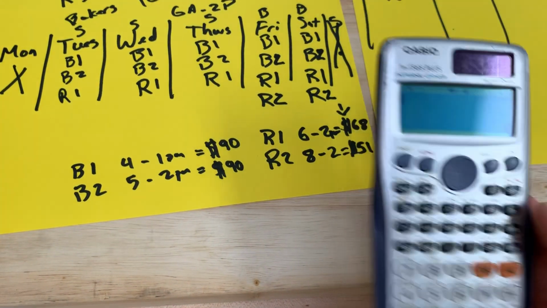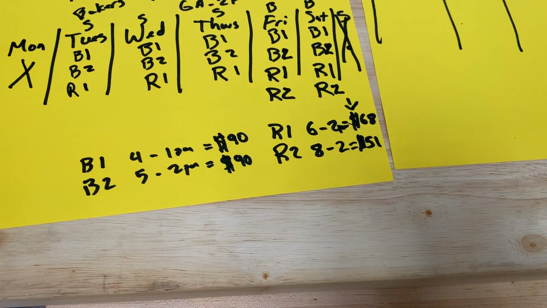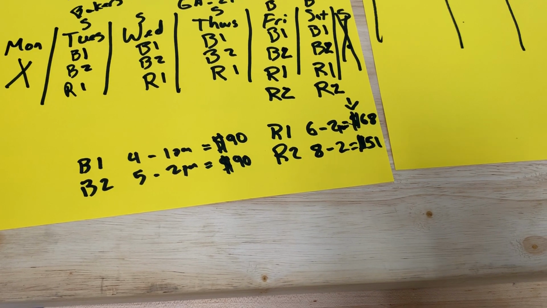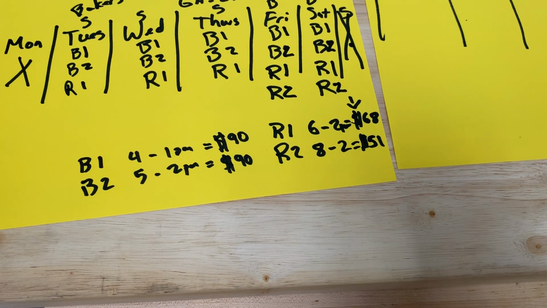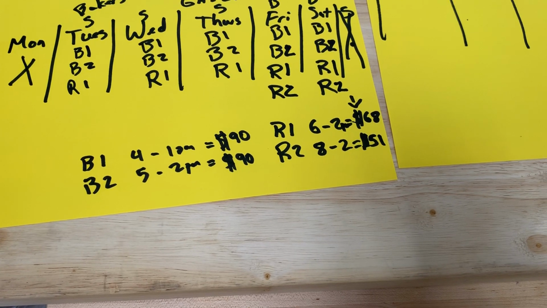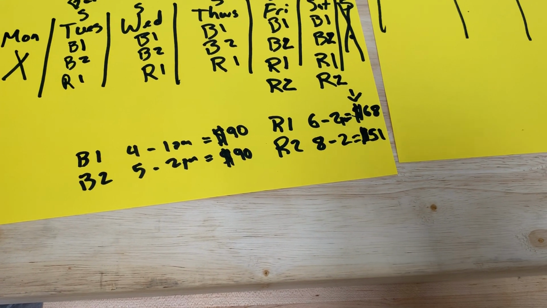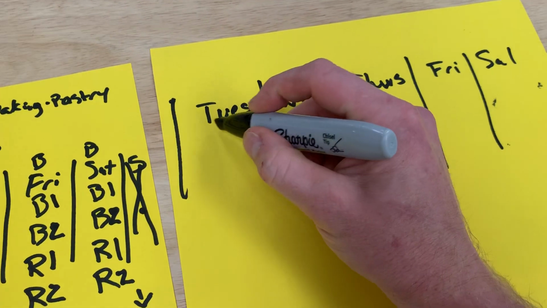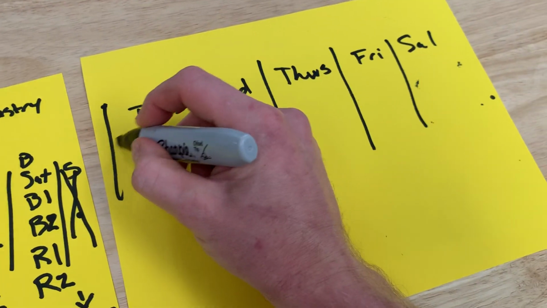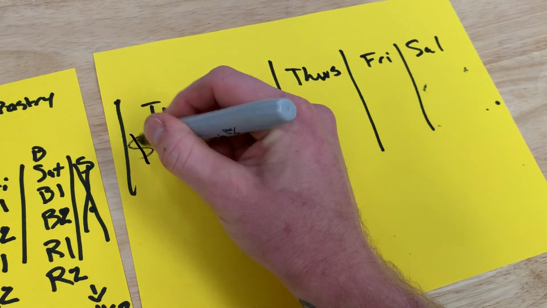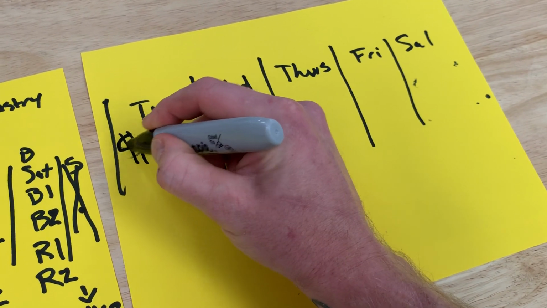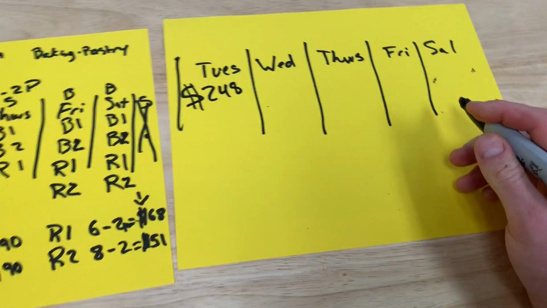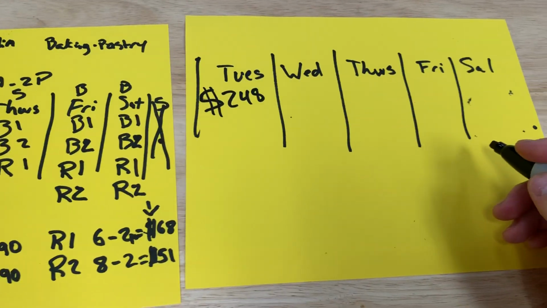So I can go ahead and add those 3 numbers up. $90 times 2 is 180 plus 68 is $248. I'm gonna write it big right here for you guys to see. $248 for labor cost on a slow day.